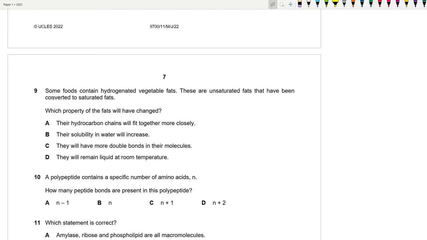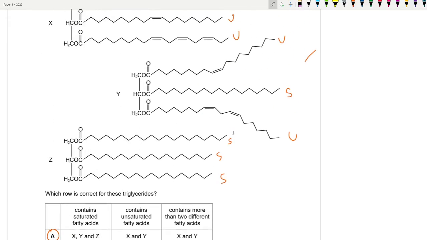9. Some foods contain hydrogenated vegetable fats. These are unsaturated fats that have been converted to saturated fats. Which property of the fats will have changed? So basically, if you convert an unsaturated fatty acid to a saturated one, do you see these kinks on the chain? These will become more straight. As a result, they will fit closer together, but beforehand the fit wasn't that great because it was bent, there was a kink.